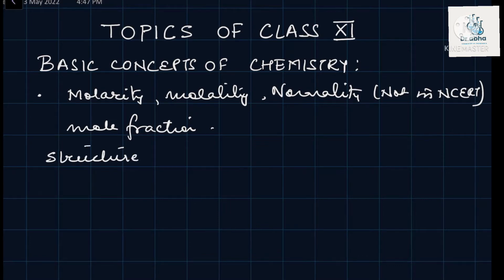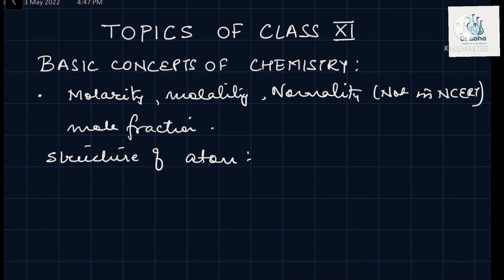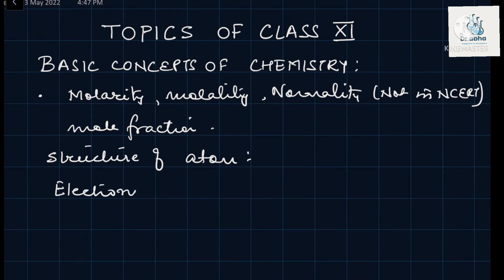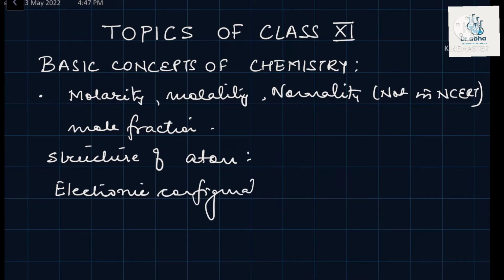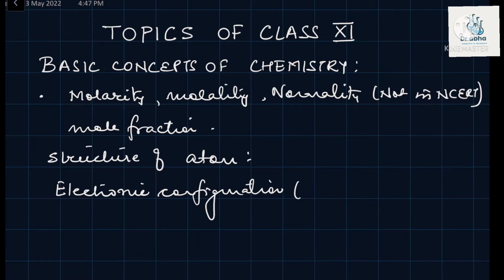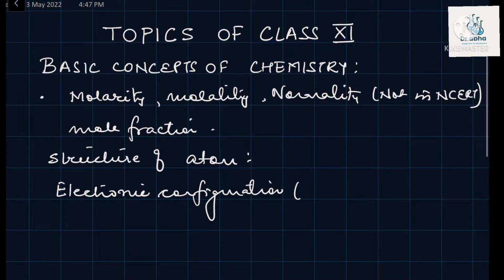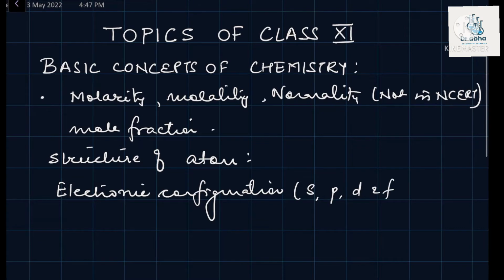Very interesting unit, structure of atom. In structure of atom, electronic configuration, you have to revise once again. Electronic configuration, it's very, very important. Something which you did in periodic table also, and structure of atom also configuration is given, and this all we'll be needing in class 12 in S block, P block, and D and F block.